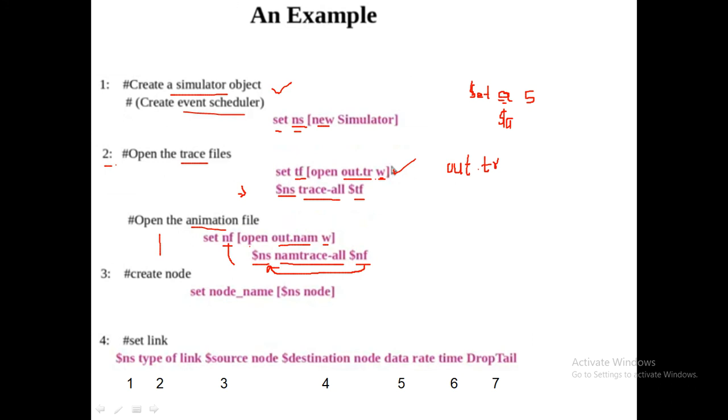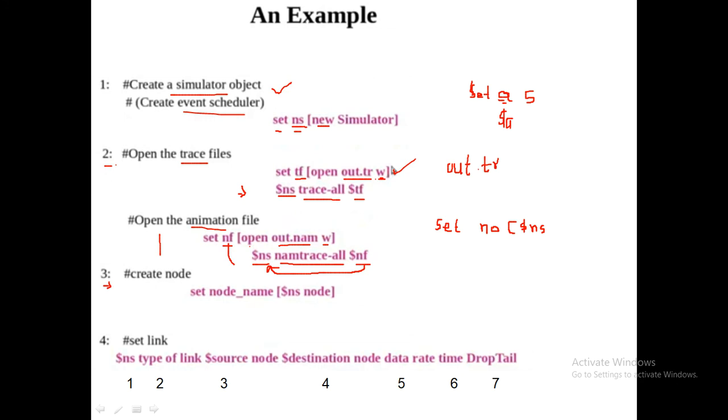Clear? Third step, creating a node. Now what is the command to create a node? Set node name. So we'll type like this: set, and I will give some node name. I will give the first node name as n0, then square bracket, $ns. So why $ns? Because you want to connect it to your simulator object, right?